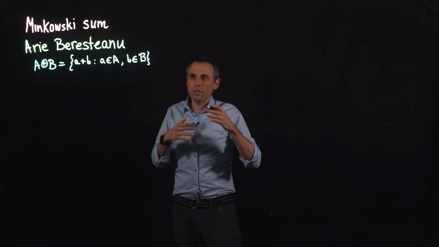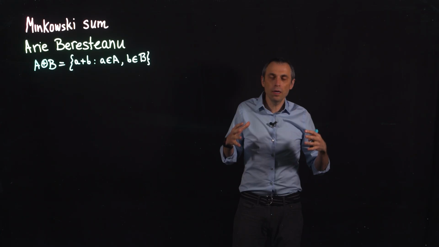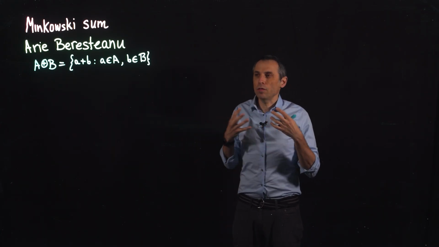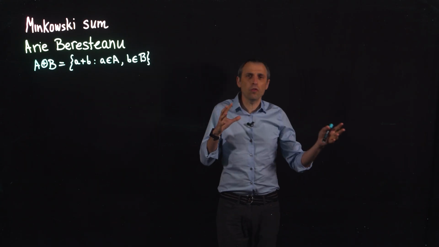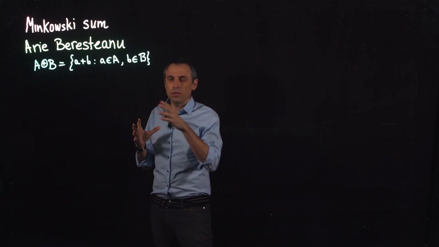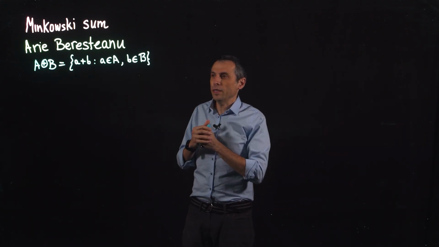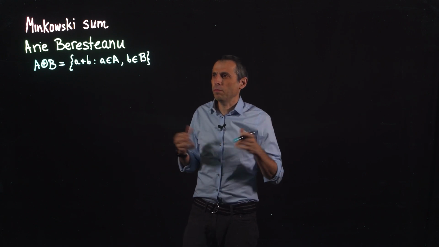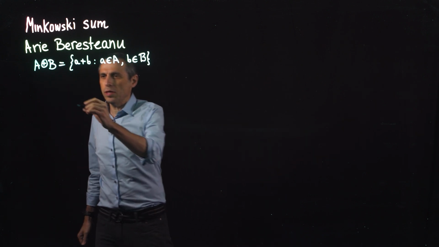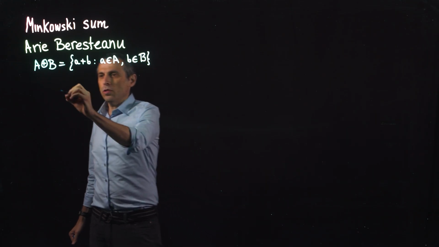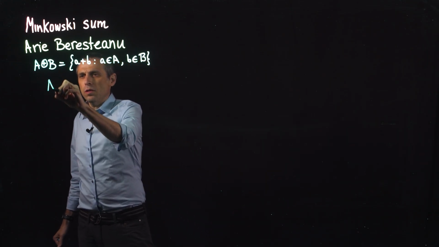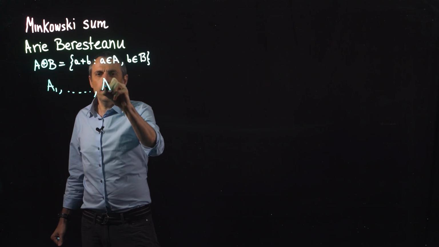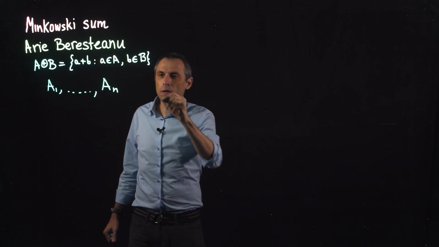Now we want to look at some properties which are a little bit more complicated and more interesting, related to the field of partial identification that uses Minkowski summation in econometrics. First of all, we look at some papers in partial identification. You will see the Minkowski average. Think about a sequence of sets, A1 all the way to An, a sample for example.